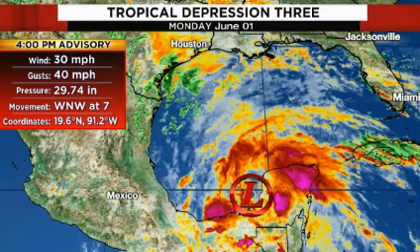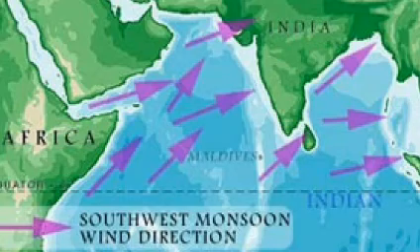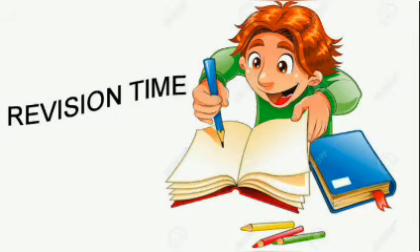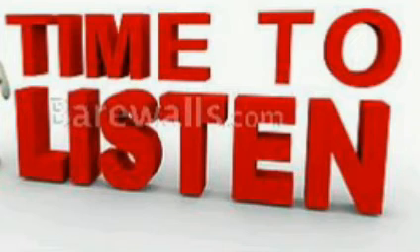The easterly jet streams cause the tropical depressions, both during the southwest monsoons and the retreating monsoons. Students, this lesson is over.